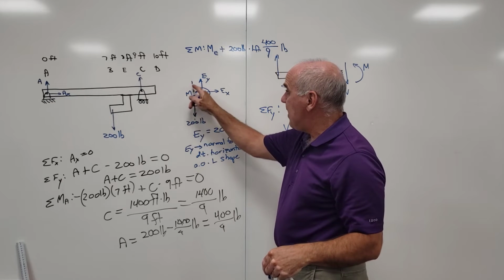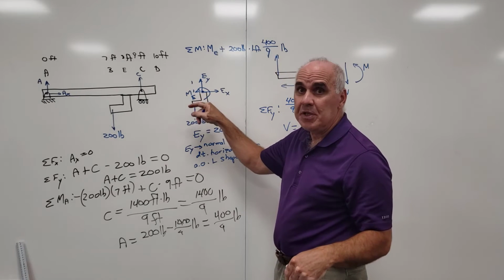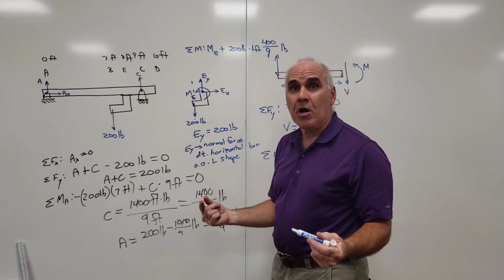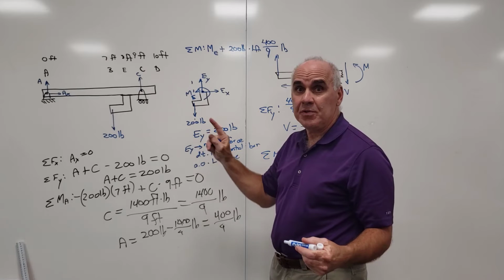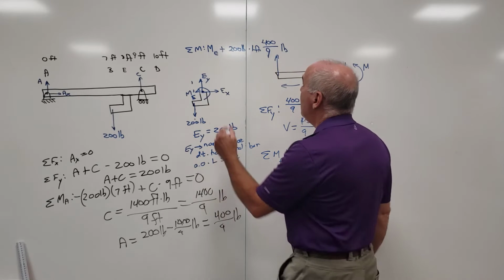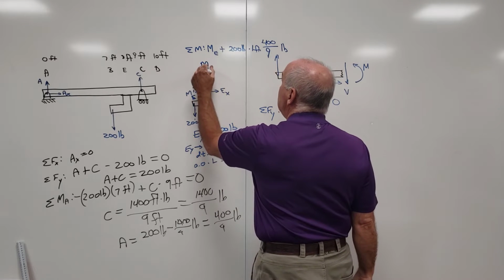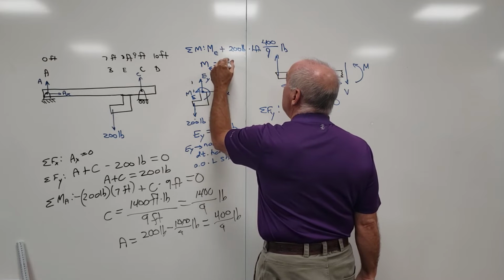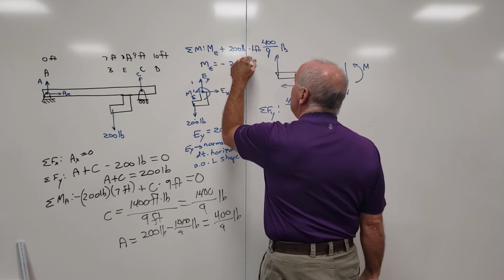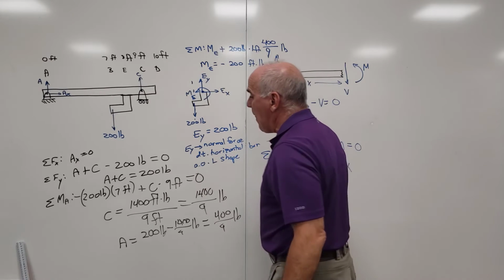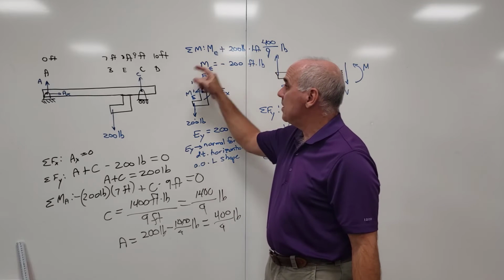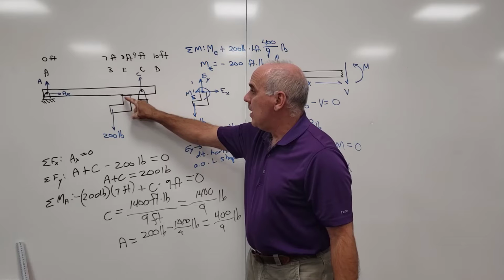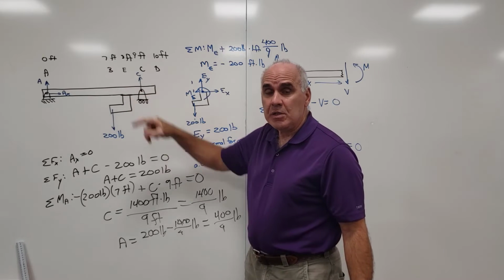This distance right here is 1 foot. So the lever arm, if you will, from E to the line of action of the 200 pounds is 1 foot, the perpendicular distance. And so M sub E equals minus 200 foot-pounds. Okay? Now, what's causing that? That's a moment acting on the L caused by the horizontal bar.